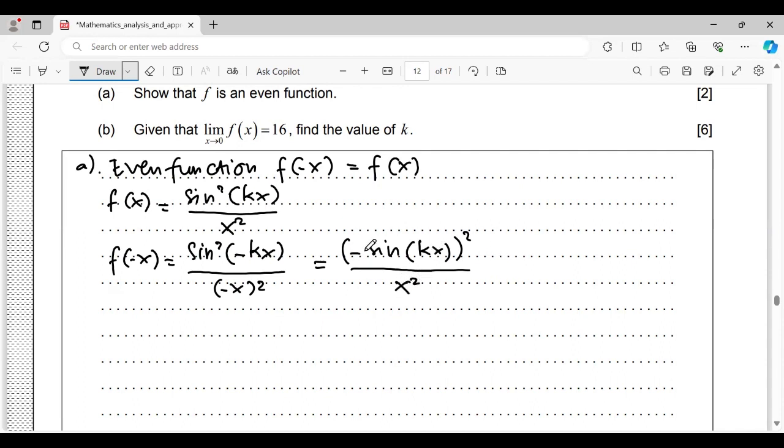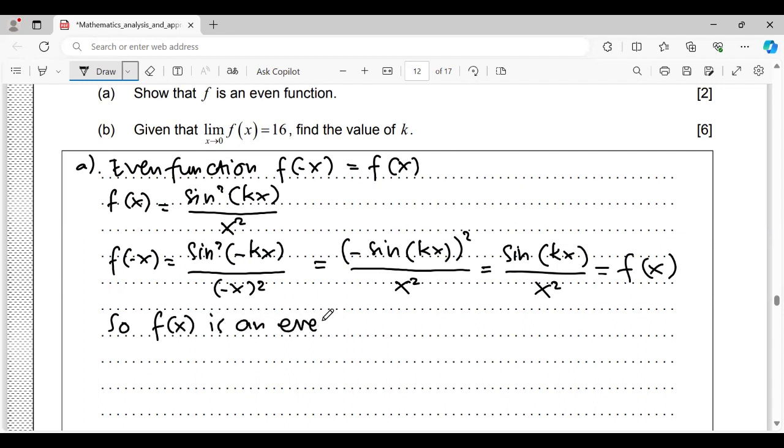Okay, so minus squared being positive, being sine squared kx over x squared equals f(x). Prove that f(-x) equals f(x). So f(x) is an even function.